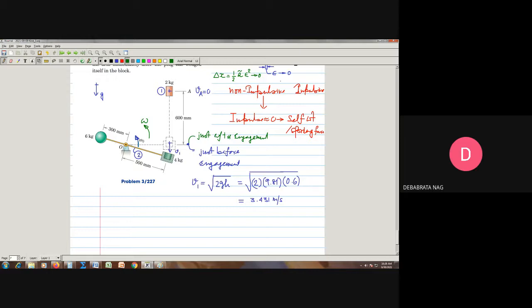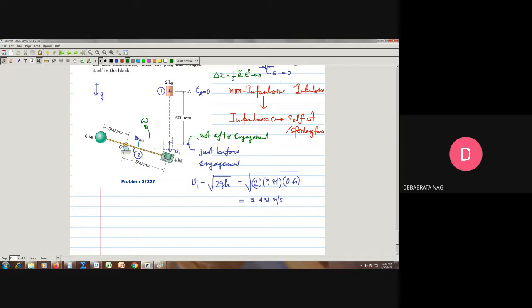So we can carry out what is termed the principle of conservation of angular momentum. Why is it so? Because we have considered that we can neglect all the non-impulsive forces, which here are the forces due to gravity.